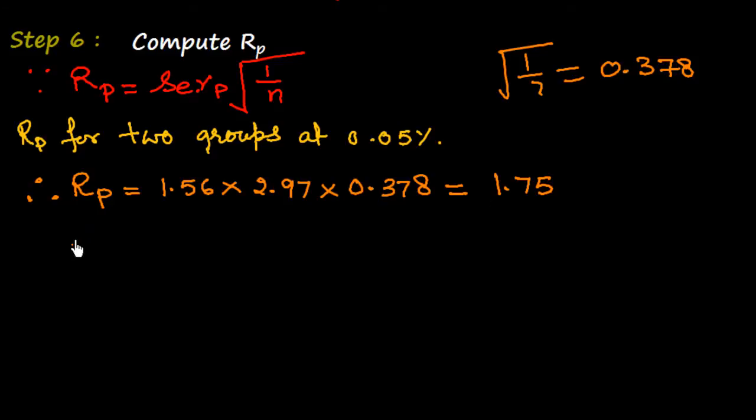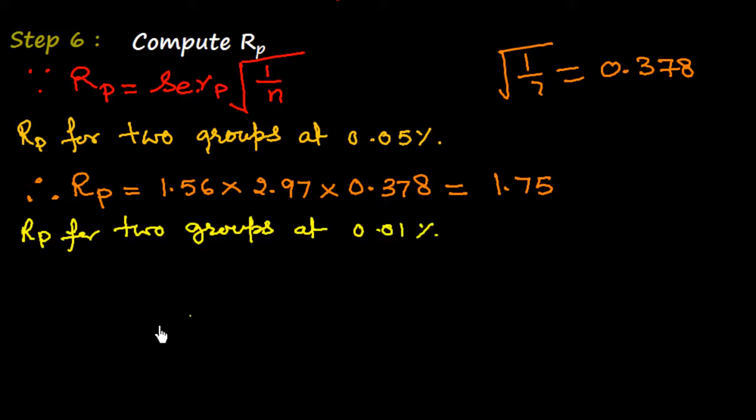Now we see RP for two groups at 1%. So we see what happens now.